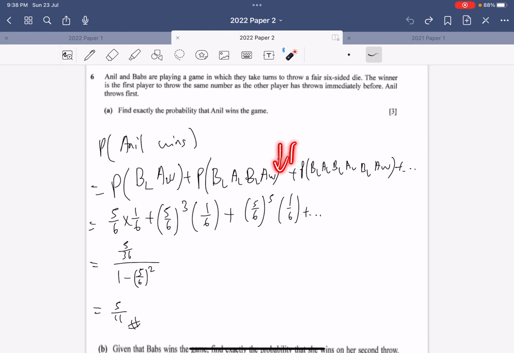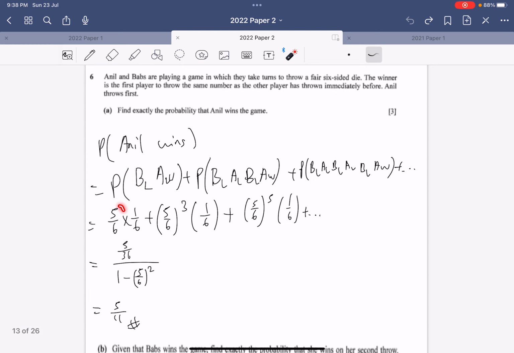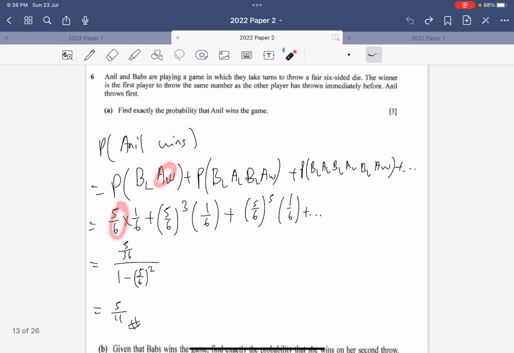So we need to always add 2 more games. And as such, we calculate that this probability is, well, for Babs to lose, he has 5/6 chance to get another number. But to win now, Anel has to get the same number as Babs, which is only 1/6 chance. And for this case, lose, lose, lose is 5/6 to the power 3 times 1/6.